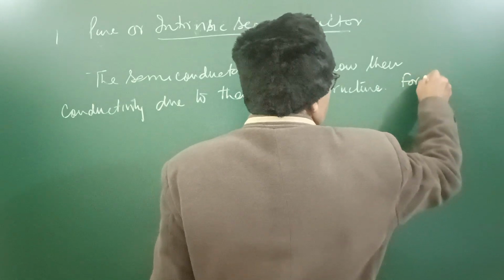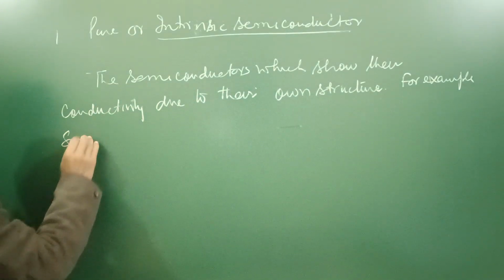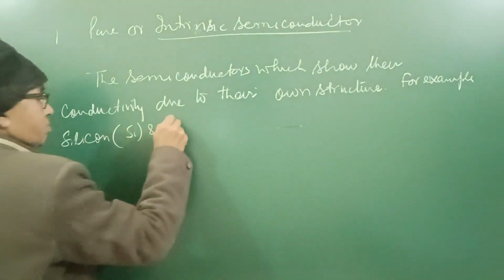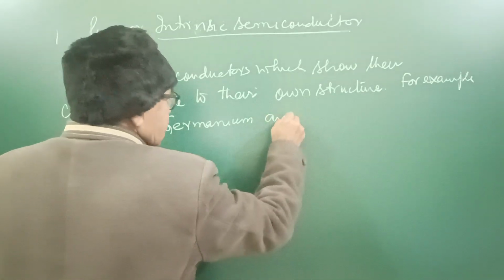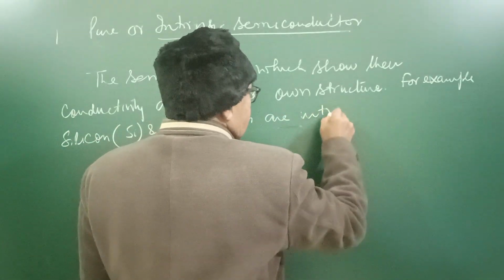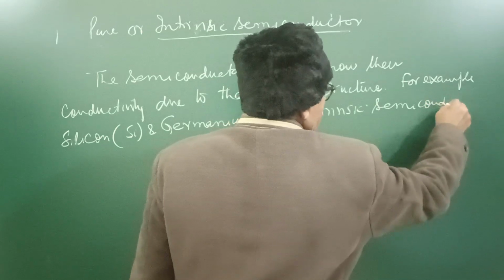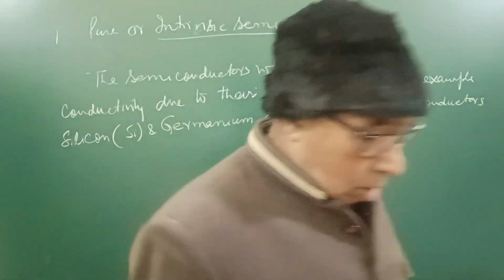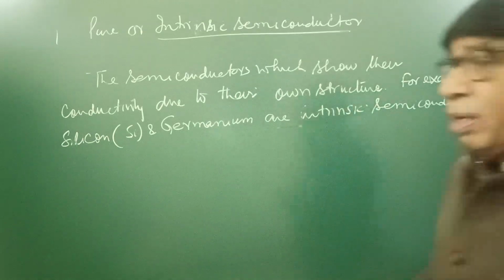For example, silicon (Si) and germanium are intrinsic semiconductors. These are two elements. I told you that I will be restricting myself to elemental semiconductors. Germanium and silicon are the semiconductors.